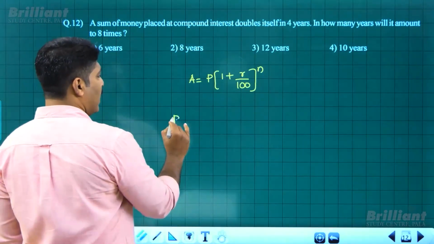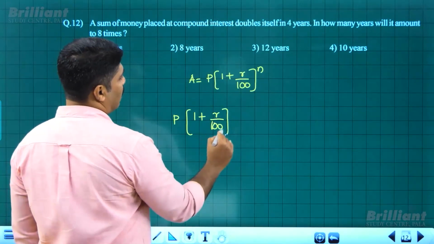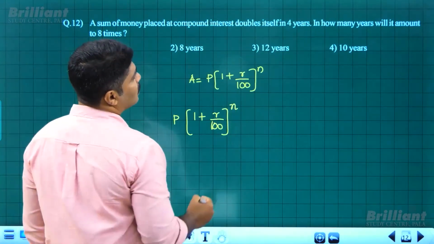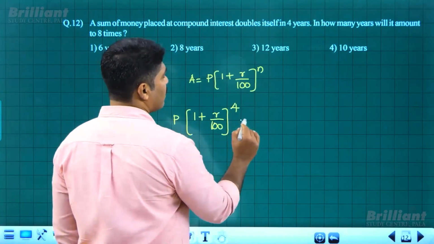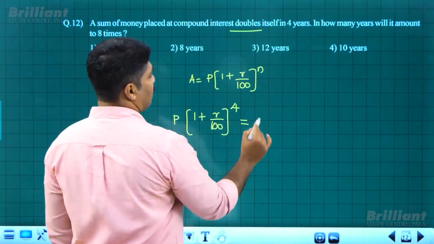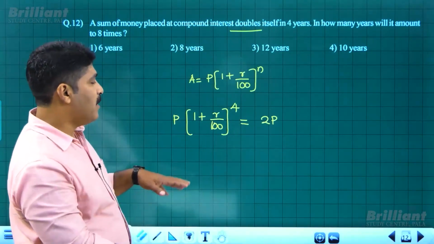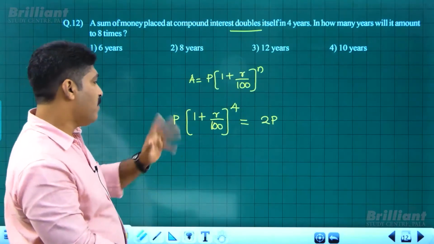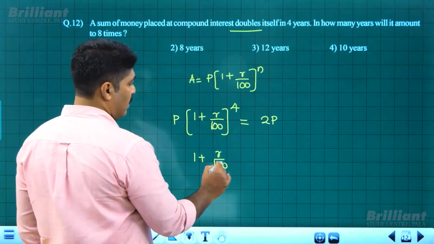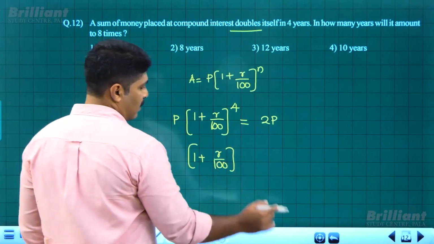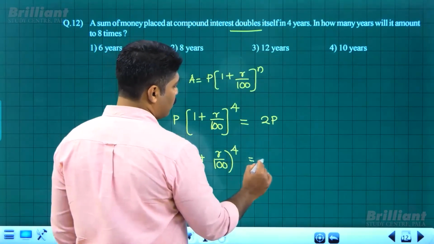In 4 years, therefore the whole raised to 4. In 4 years, it doubles. Therefore, it becomes 2P. For the simplification, we just remove P from both sides. So this is 1 plus r by 100, the whole raised to 4, which is equal to 2.